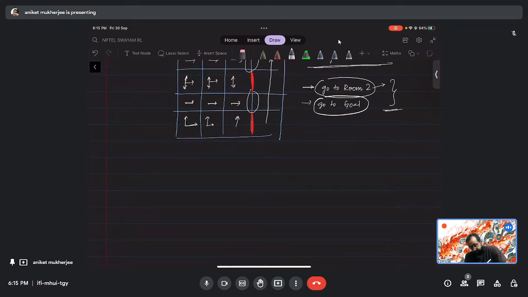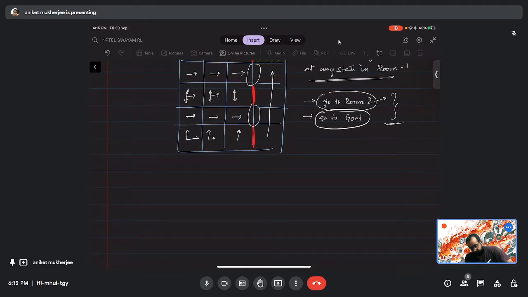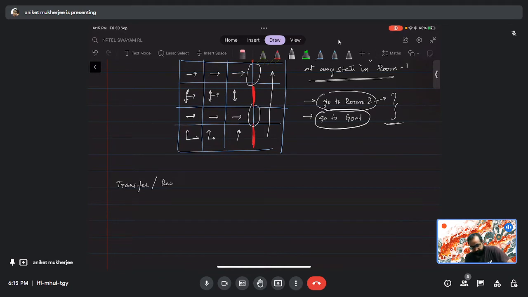hierarchical reinforcement learning. Since you are learning sub problems, that sub problem could be used in some other problem which your agent is trying to learn, and that is called transfer or reusability of the subproblem.